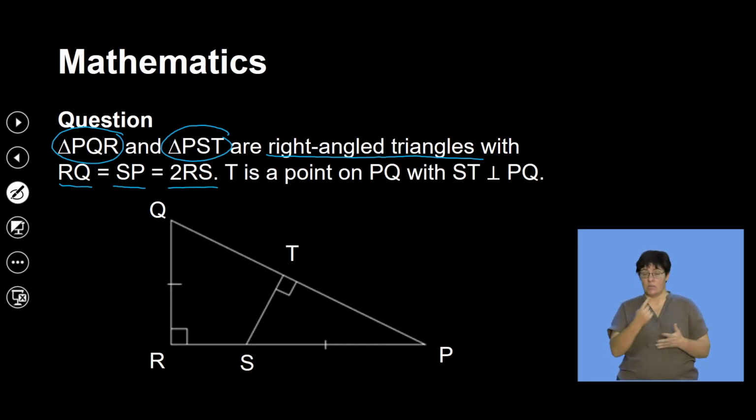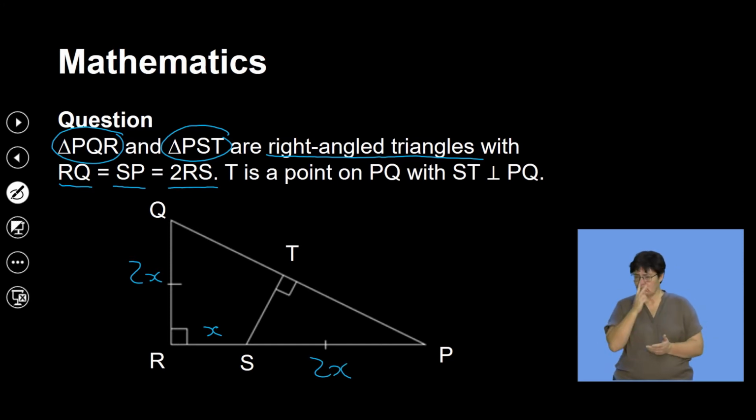I will let my RS be x. It makes RQ 2x, and it makes my SP 2x as well, you see. So already I've added that information. It was not there on the diagram, but I'm adding it because they told me that RQ is equal to SP, which is equal to 2RS.